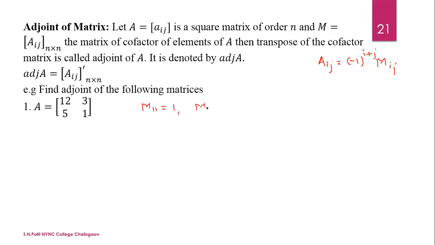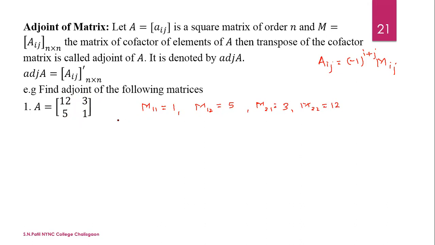Then M12, where 1 indicates the first row and 2 indicates the second column, that is deleting the first row and the second column. The remaining is minor of 3. Now next, minor of second row first element is 3. Minor of second row second element is 2.